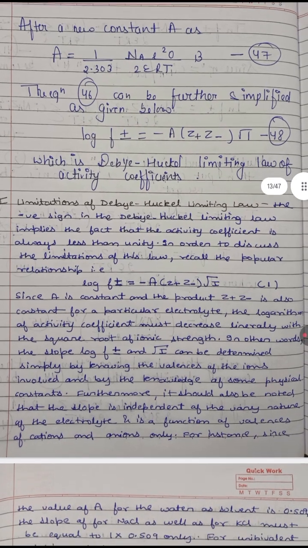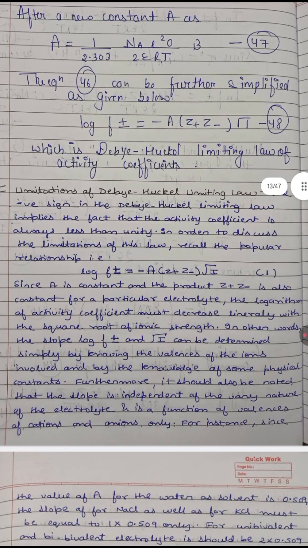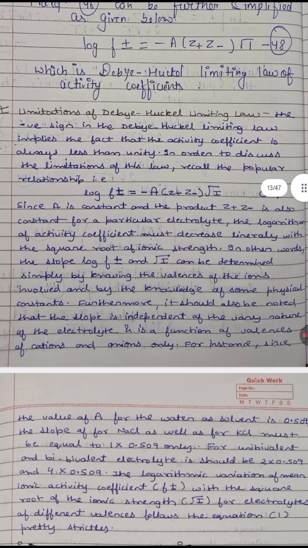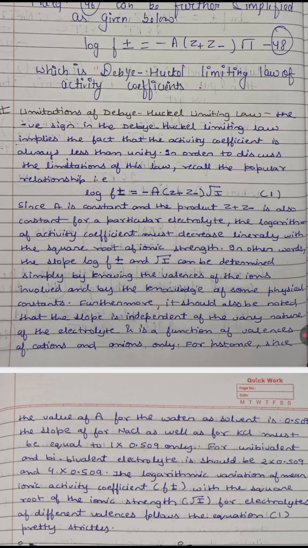Defining a new constant A as A equals 1 by 2.303 into Na into e naught square into B divided by 2 into epsilon into R into T, equation 47, equation 46 can be simplified as log f plus minus equals minus A into z plus into z negative into under root I, which is equation 48, the Debye-Huckel limiting law of activity coefficients.